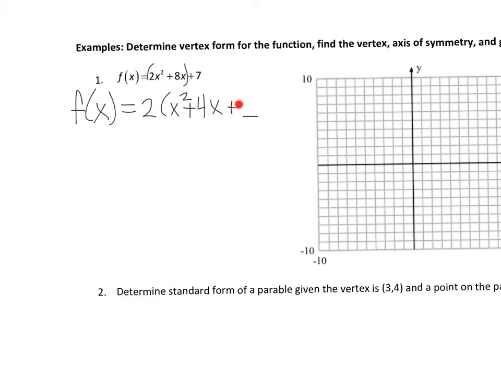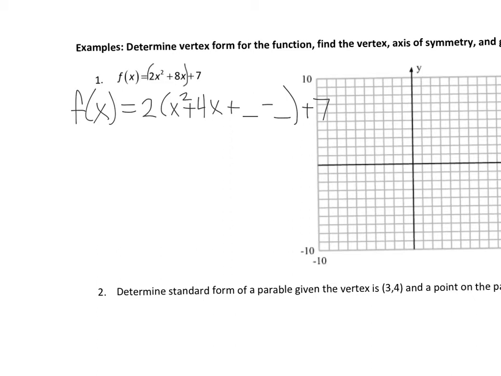Well, let's say the number was 10. If we added 10, we'd also have to subtract off 10, because then that would equal 0. So whatever we're adding here, we also have to subtract, and we have that all inside the parentheses, and then we have the plus 7 on the outside.